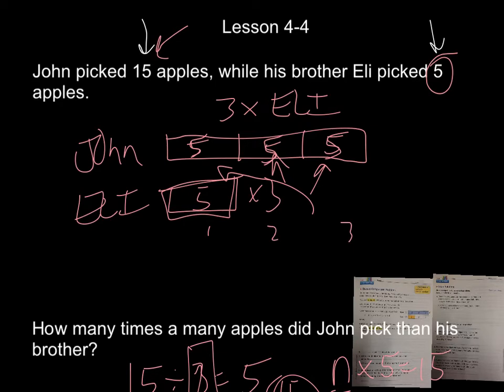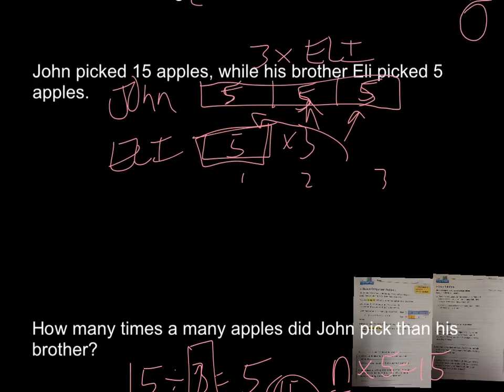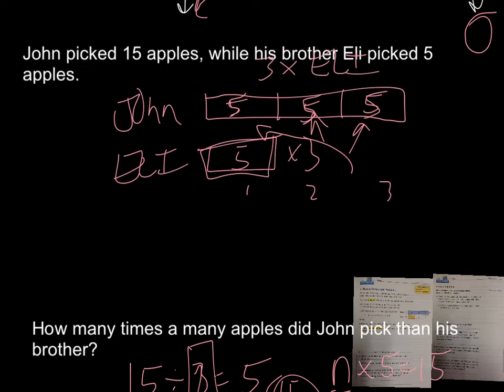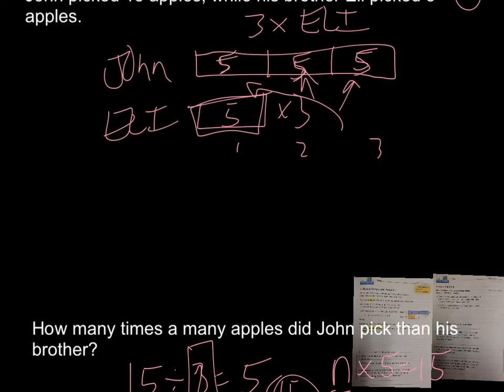So if we were to create an equation, that'd be a little bit something new for all of you, we could do something like E for Eli equals J for John divided by 3.